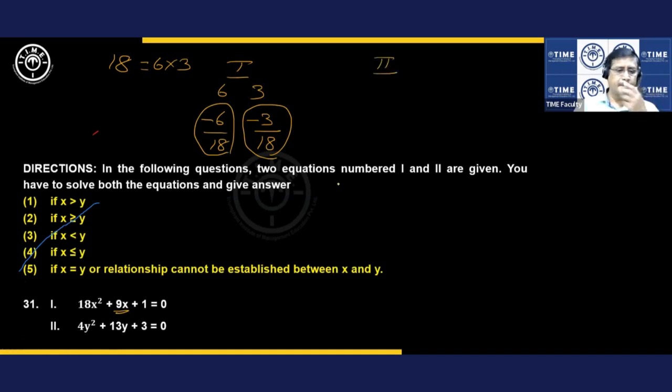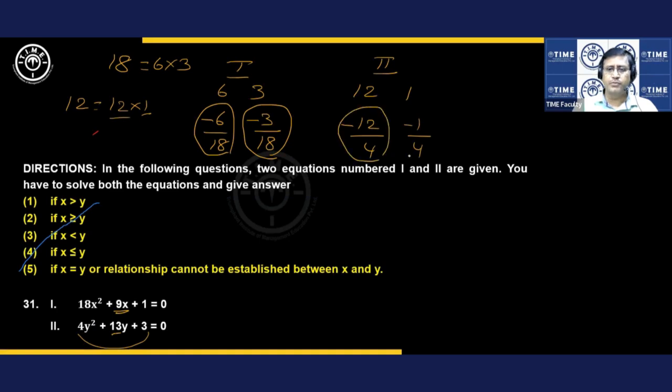Look at the second one. 4 into 3 is 12. 12 is a positive value. So how to get the middle term? 12 into 1 is 12. The sum of these two is equal to 13. The factors are 12 and 1. The roots are minus 12, minus 1, divided by the coefficient of y square, that is 4.